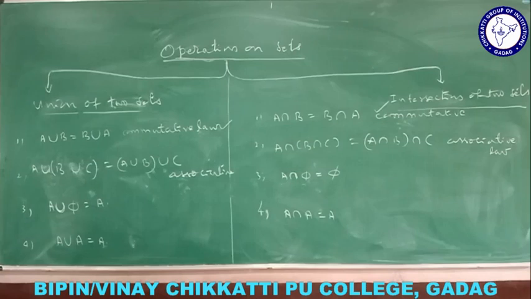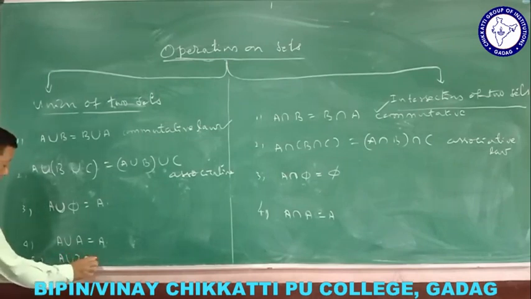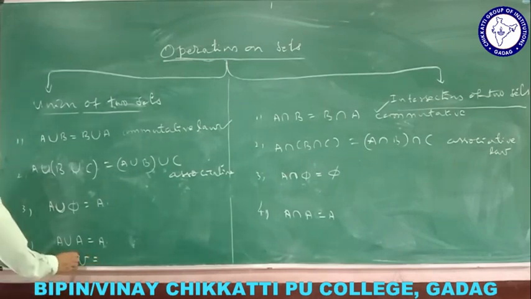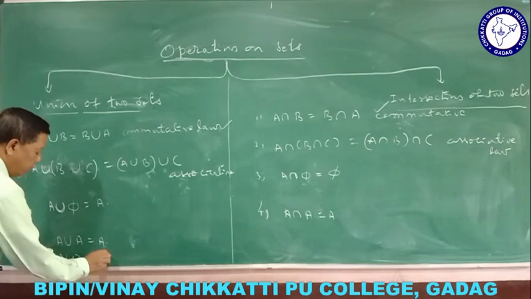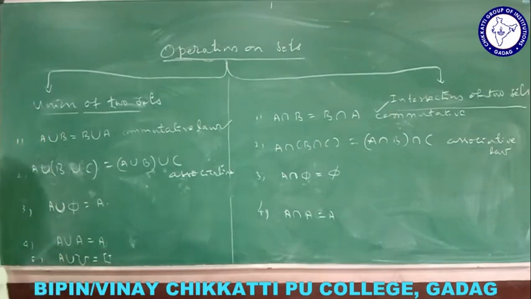And particularly one more: A union U, where U is the universal set. What do we find? Ultimately we find the universal set only. That is the law of inversion.